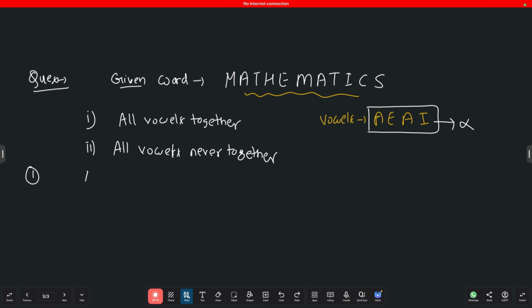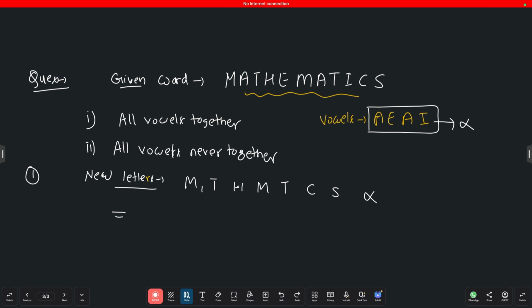Then what are the new letters? The new letters are M, M, T, H, M, T, C and S, and also alpha. But alpha contains 4 vowels.